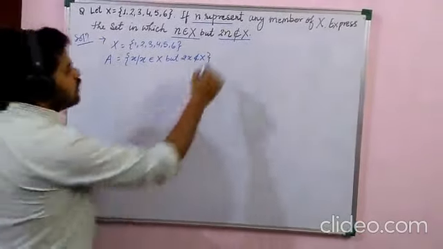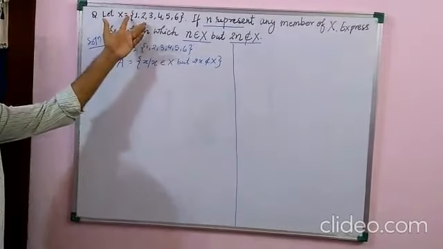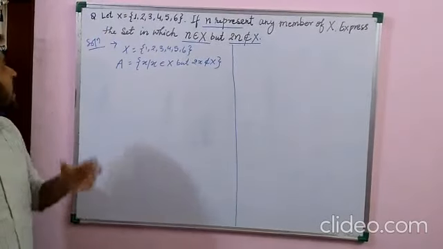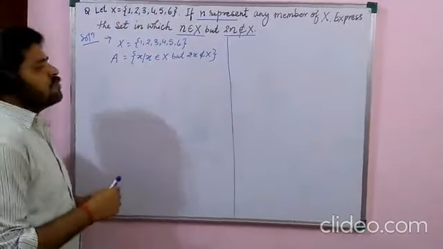This is what we have to create. It means we will check each and every element of this set X, and when we check, we will find what we have to represent.